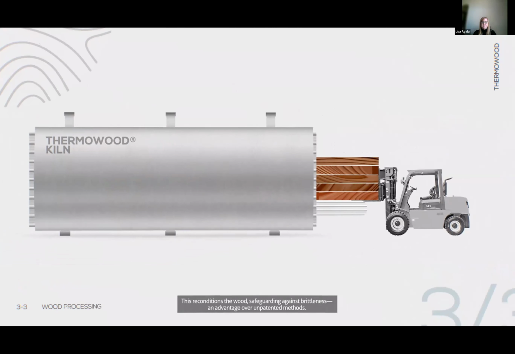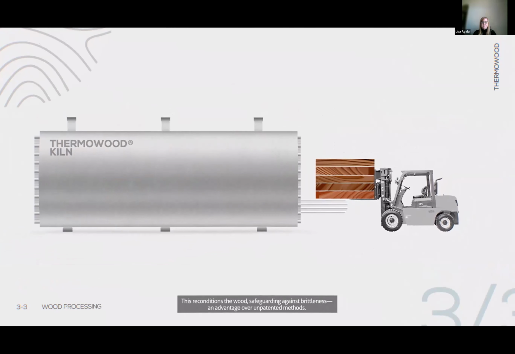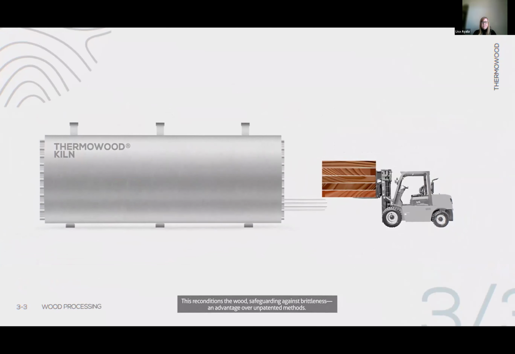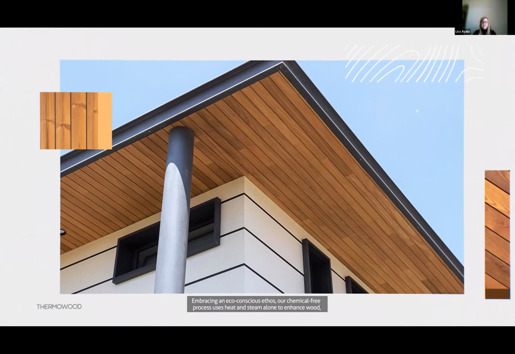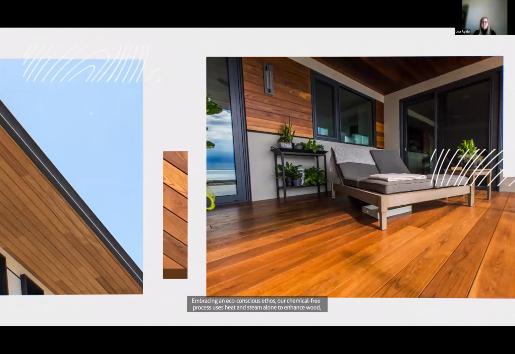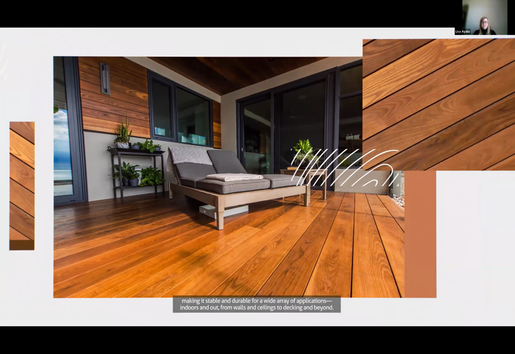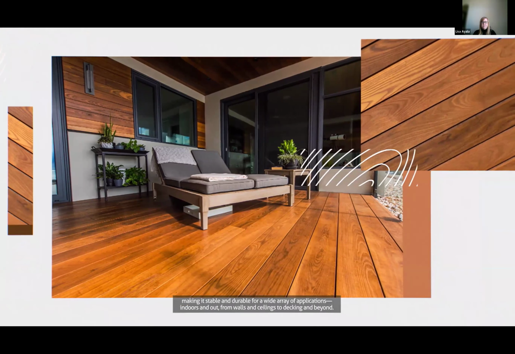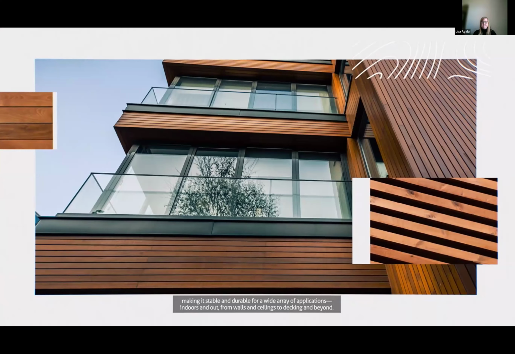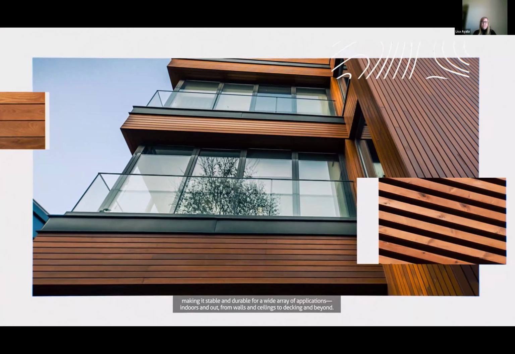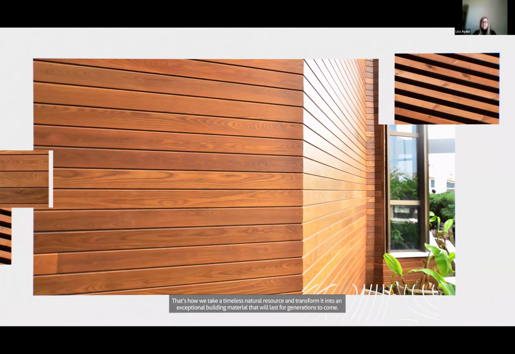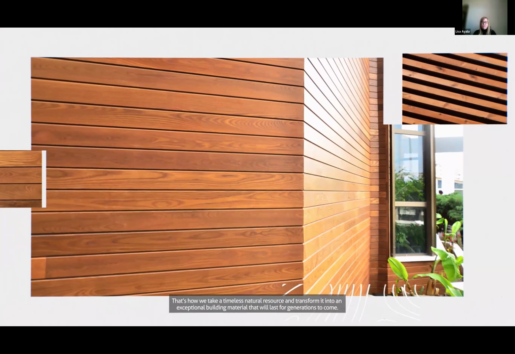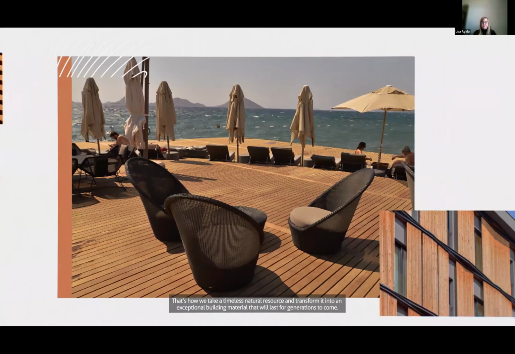This reconditions the wood, safeguarding against brittleness, an advantage over unpatented methods. Embracing an eco-conscious ethos, our chemical-free process uses heat and steam alone to enhance wood, making it stable and durable for a wide array of applications, indoors and out, from walls and ceilings to decking and beyond. That's how we take a timeless natural resource and transform it into an exceptional building material that will last for generations to come.